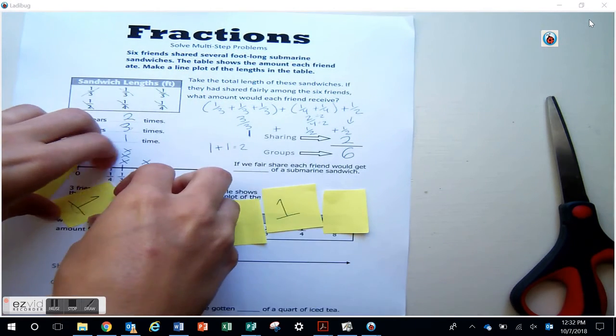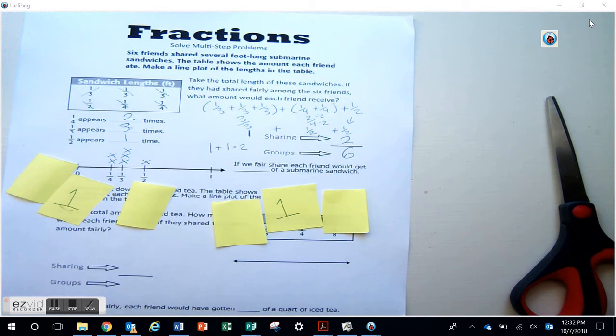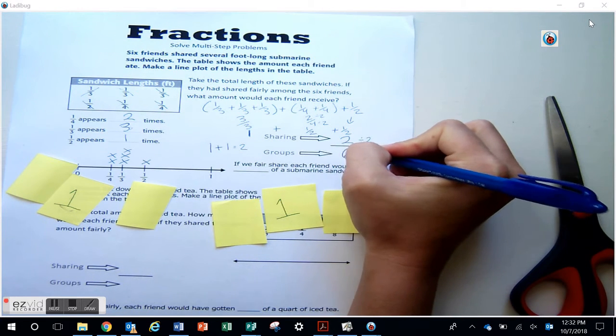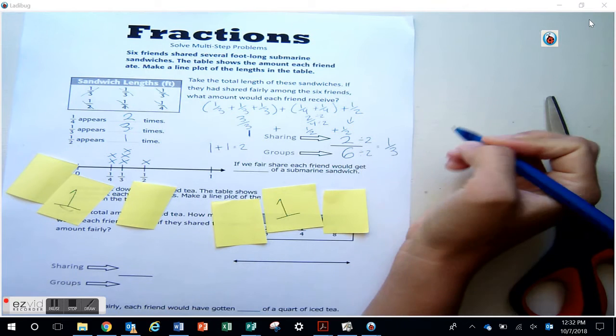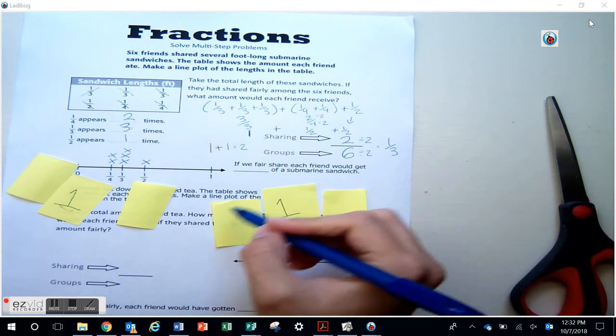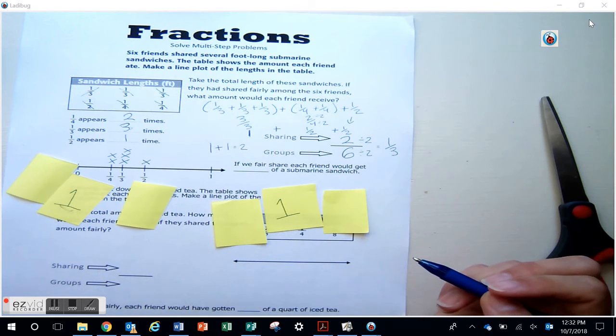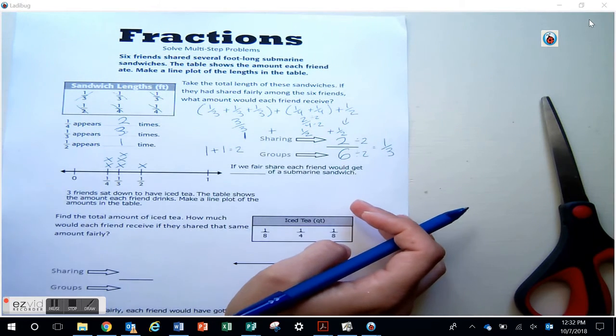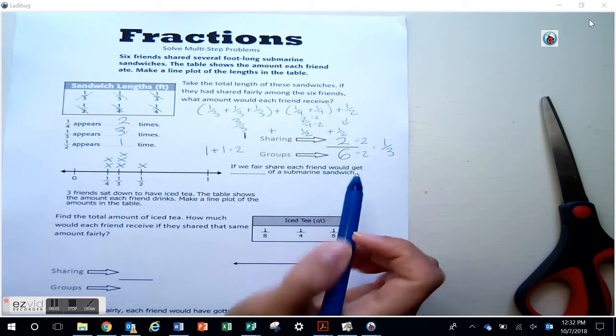Well, I can divide this by 2, divide this by 2, and I see each person would get 1/3 of a sandwich. If we fair share, each friend would get 1/3 of a submarine sandwich.